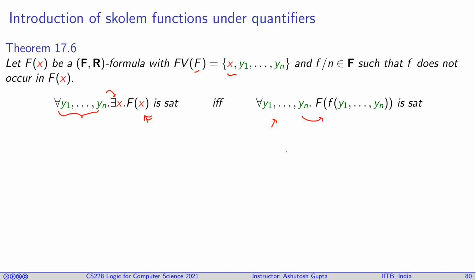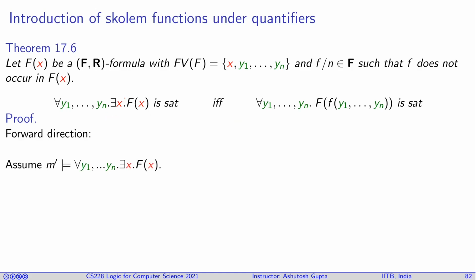How do I prove that? Let's do the forward direction, from here to here. Let's say this is satisfiable. We pick a model M prime. M prime gives us for all y1 to yn there exists x F. Now, M prime satisfies 'there exists x F' because there was no free variable here, and now there are free variables here.